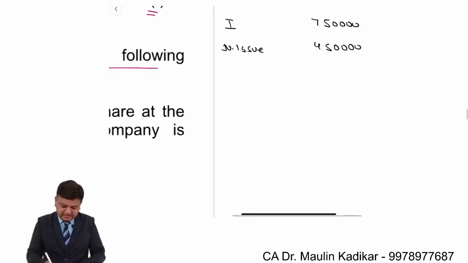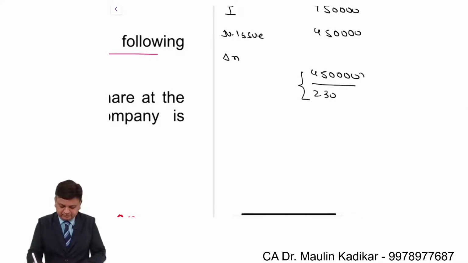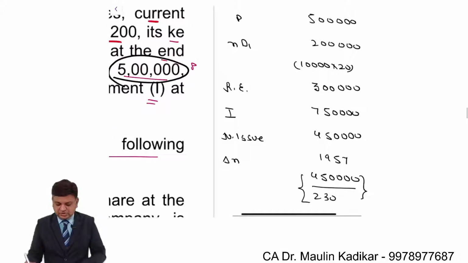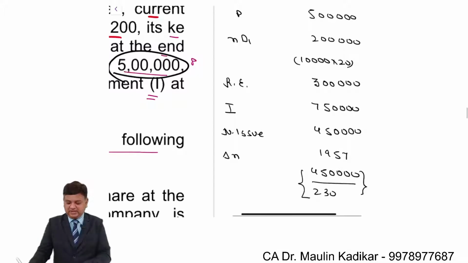So delta N is 4,50,000 upon 230. That comes to 1957. So this is the way we compute the number of equity shares to be issued in the first situation, that is, if the dividend is rupees 20.